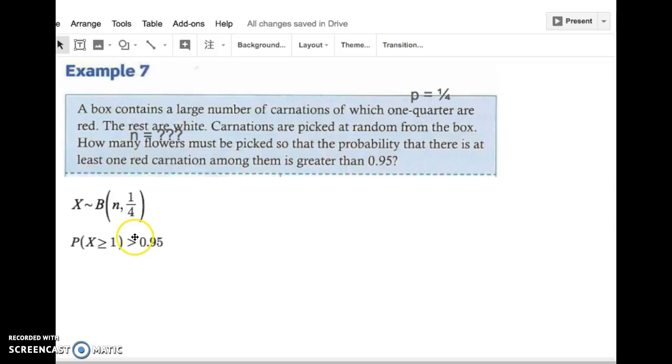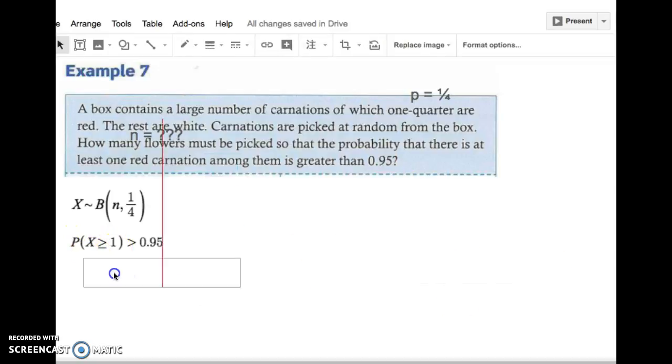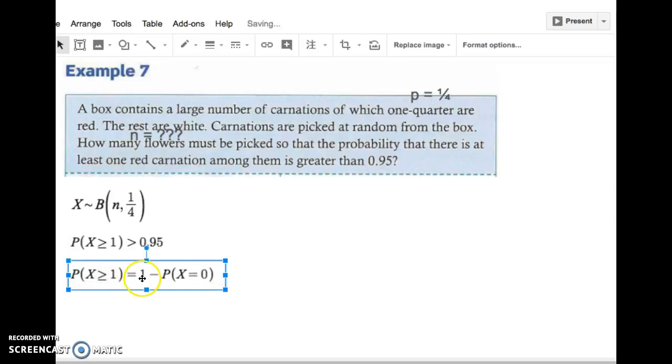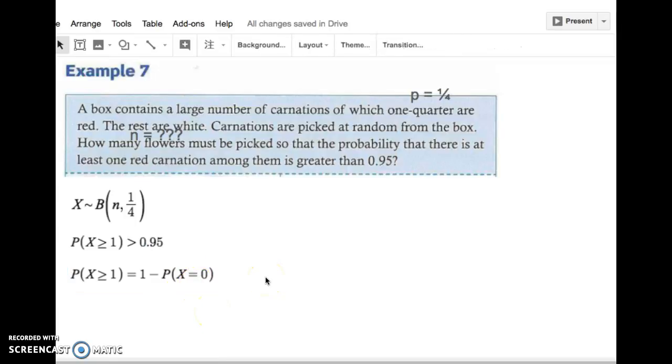All right. So another way to say the probability of X greater than or equal to 1, I can say as 1 minus the probability of X equals 0. And I think if you had already done the previous exercises that I assigned, you should understand what I mean here. Because the only scenario where I don't want would be when I get zero red.